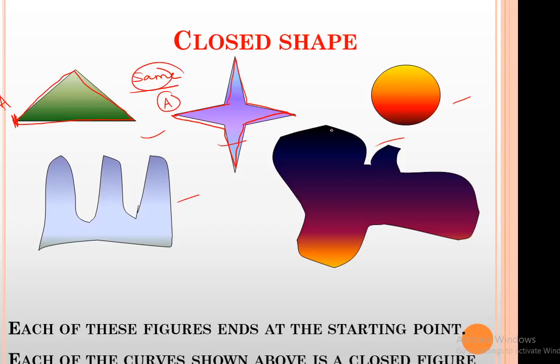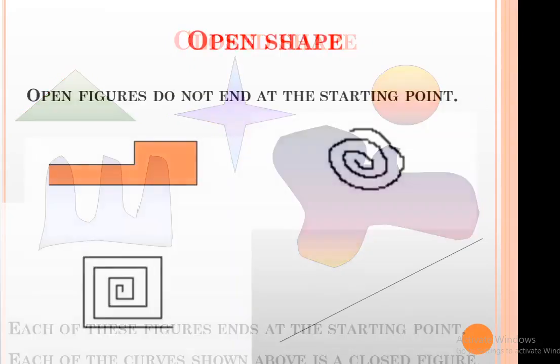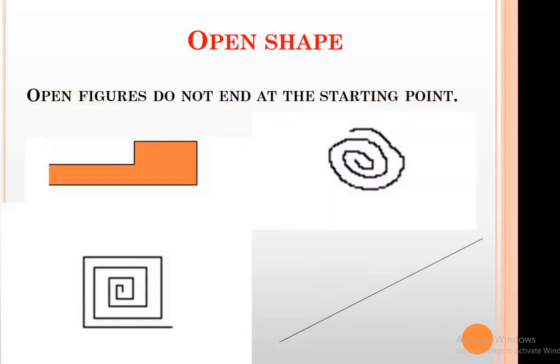Okay, so each of these figures they end at the same starting point. So each of these figures shown here, they are all closed figures because they all have the same starting and ending point.